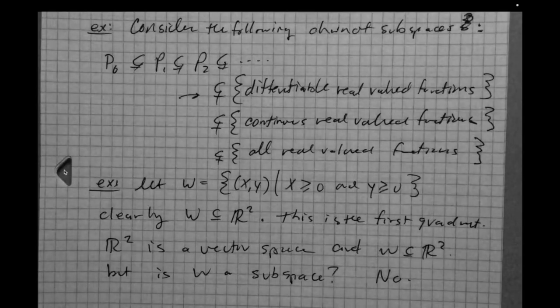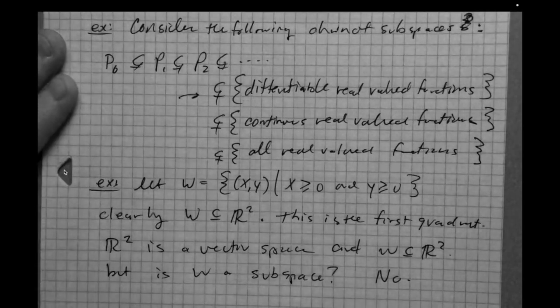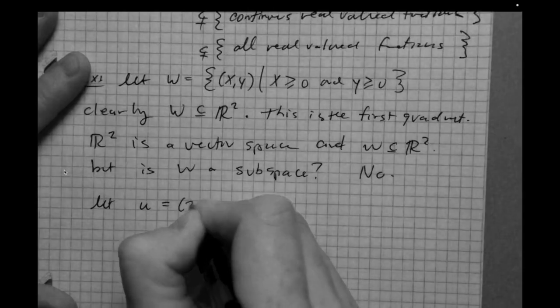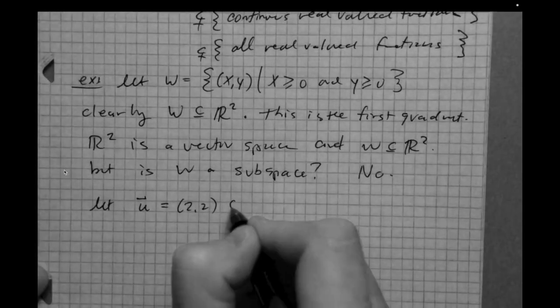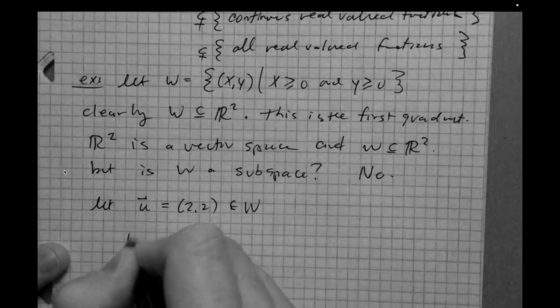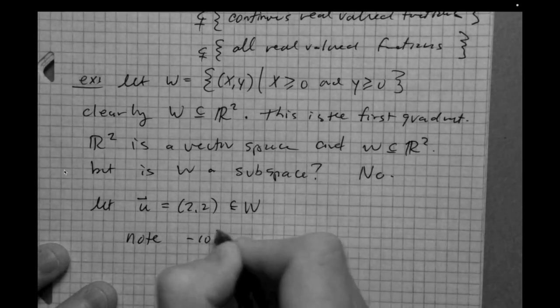How can we confirm this? All we need is one example where two elements in W added together get you outside of W, or an element in W multiplied by a real number gets you outside of W. And we can easily find that. Let u equal (2, 2), which is obviously in W. Now notice if I just take any negative scalar, so negative 10 times u, what is that?